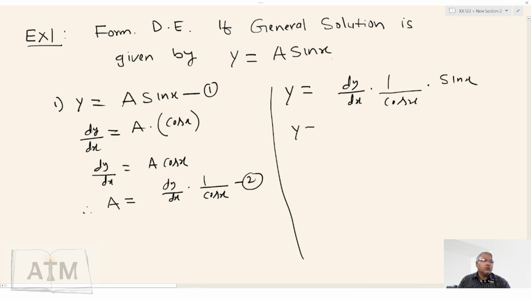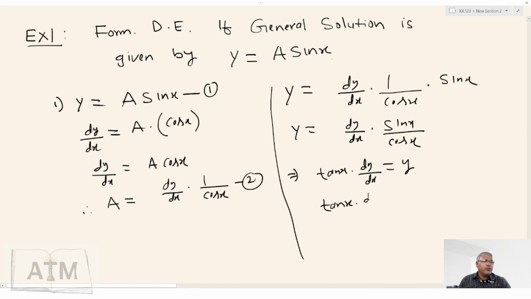So y equals dy by dx into sin x upon cos x. That implies tan x into dy by dx equals y. We can write it in a better way: tan x into dy by dx minus y equals 0. So this is the required differential equation.